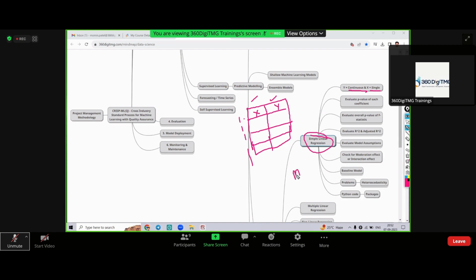When it is multiple linear regression, x becomes multiple: x1, x2, x3, and there will be a single y. So x inputs are multiple. Remember, y should be continuous when it comes to linear regression, and continuous means numerical values.